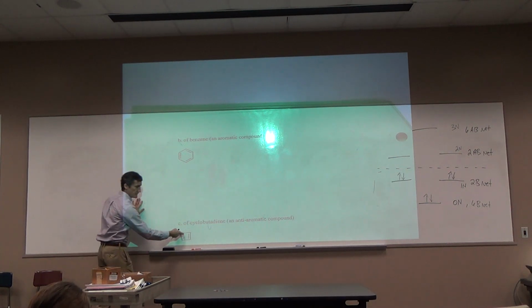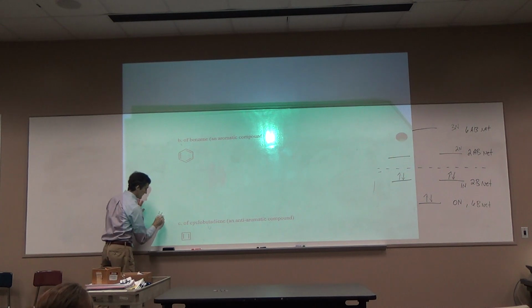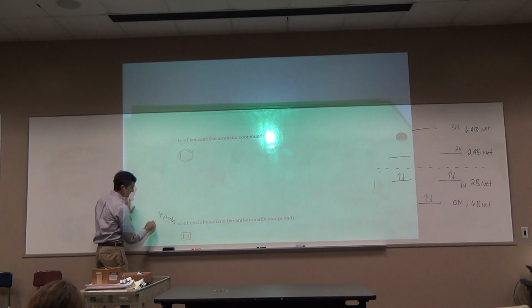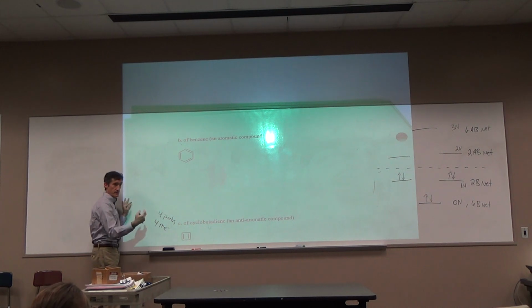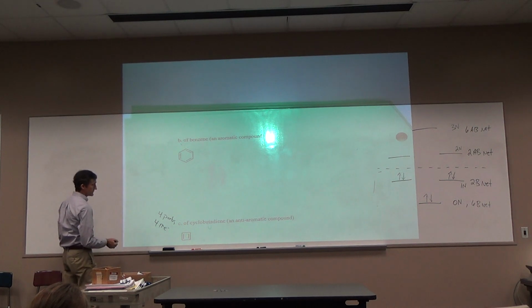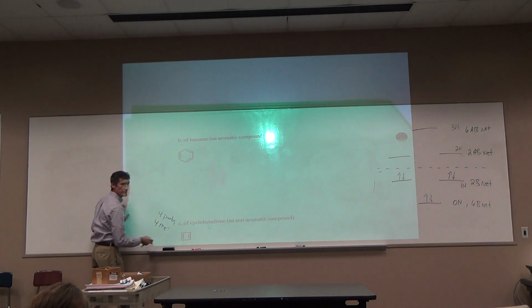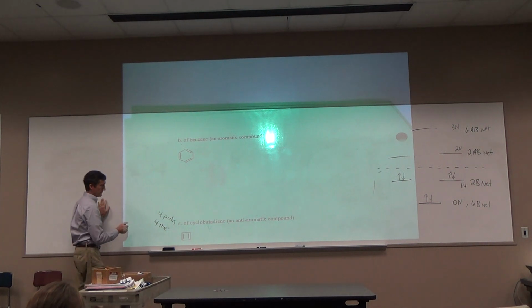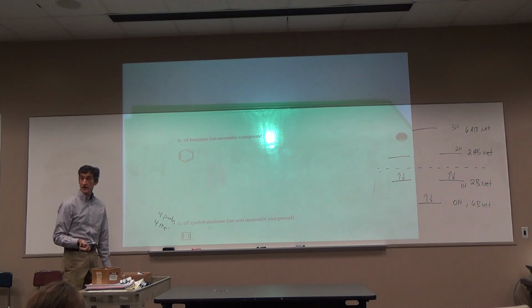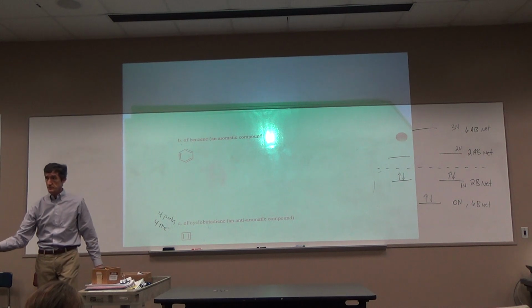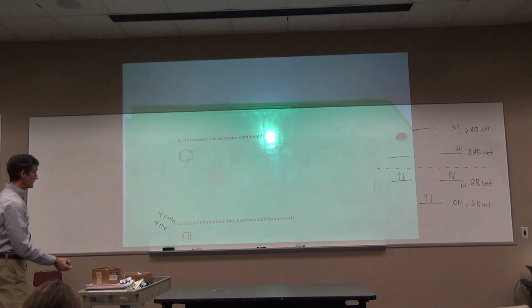How many p orbitals in this system? How many pi electrons? 4. Yeah. So far, these have been equal. Soon, this number will not be equal. Okay? How many molecular orbitals we're going to have for this? 4. Yeah. 4 molecular orbitals. That's always consistent. If we had 10 p orbitals, how many MOs would you make?